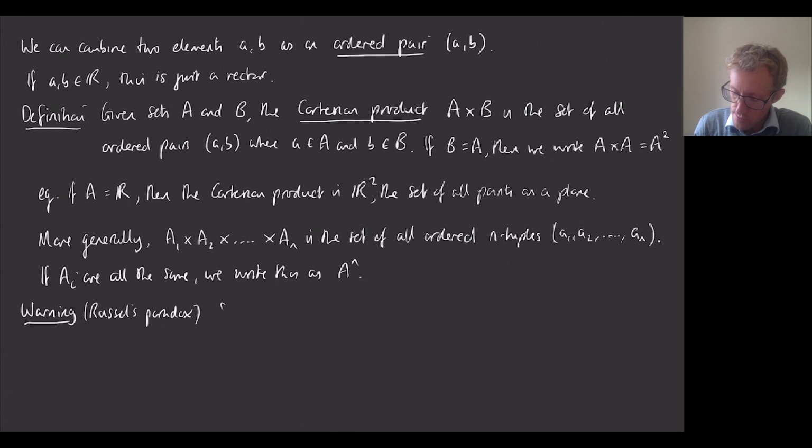So we're going to suppose that we try to define the following set. I'm going to call it H. It's going to be the set containing sets which have the property that they are not members of themselves.